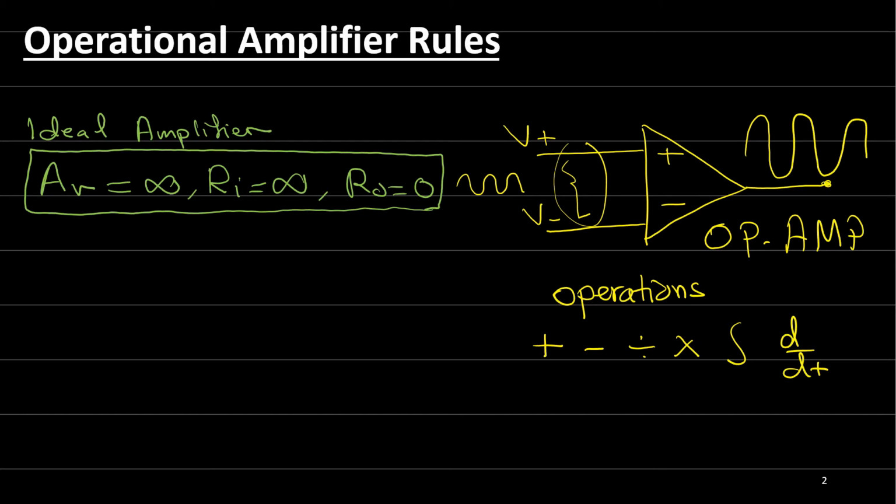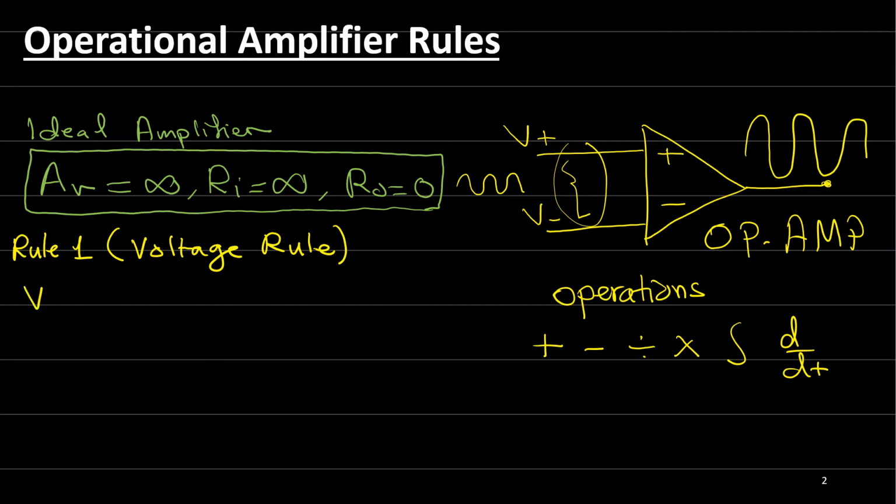Rule number 1, the voltage rule. What does the voltage rule say? The voltage rule says the output attempts to make the voltage difference between the inputs 0.